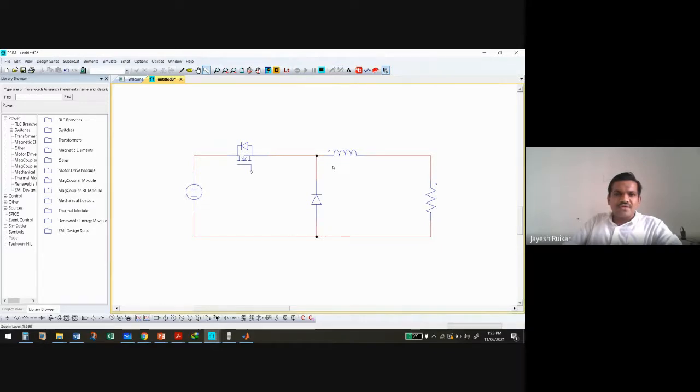Yes, this is the MOSFET switch. For the 12 volt switch, we need a PWM pulse.